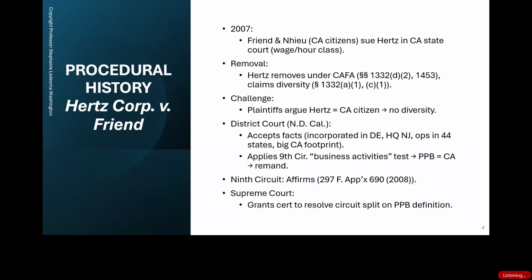As you see in the Ninth Circuit, principal place of business was decided by a business activity test that looked at the volume of business that was done. So one circuit's doing one thing, another circuit is doing something else, and maybe another circuit is doing something completely different when it comes to adjudicating the principal place of business of a corporation.